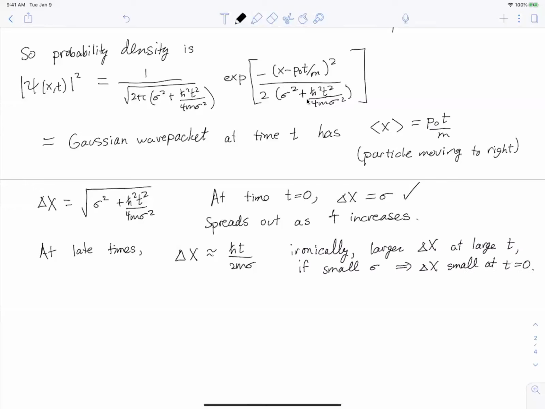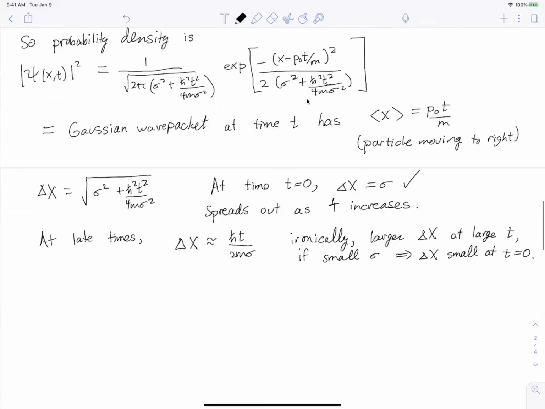So the idea there is if you try to make the wave packet very confined to a small region at very early times at t equals 0, then your momentum could be anything. And so it has a high likelihood of spreading out super fast at late times.